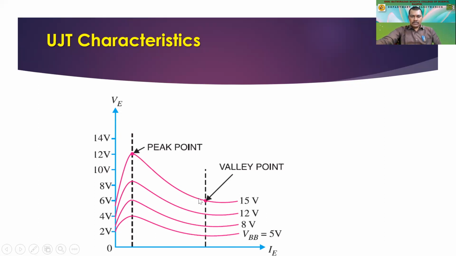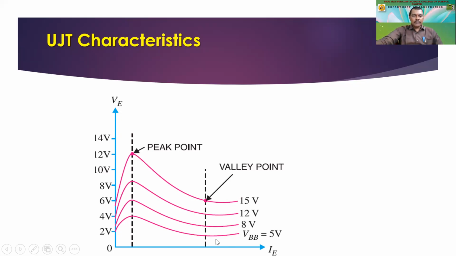So this is how we are expecting the results to come in our practicals, right? So this is the valley point for 15 volts. This is the valley point for 12 volt. This is the valley point for 8, and this is the valley point for the 5 volts which are being applied across the transistor. So we are applying some voltage, we call it biasing, across the VB2 and VB1.